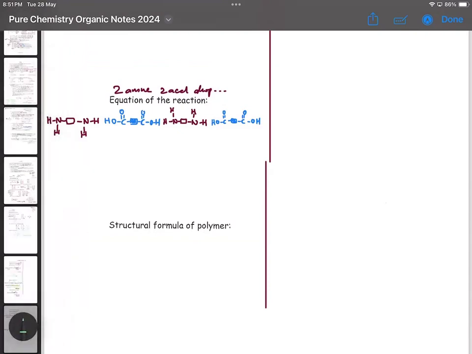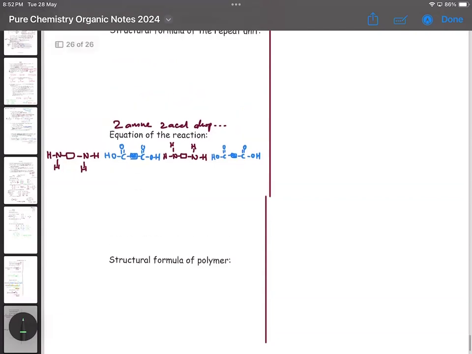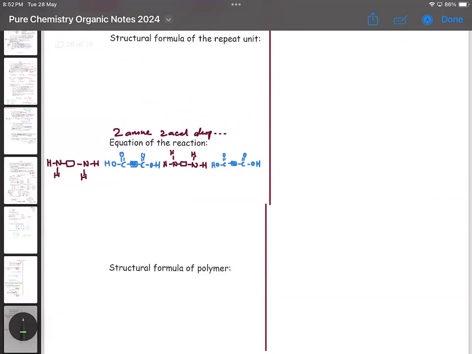Okay, so if you have gotten the drift of it, you will see that because they will drop a small molecule when they react. So very logically here, you will drop water. The amine side, you should drop the hydrogen. The acid side, you will drop the H. So these two, they form water. These two, they form water.